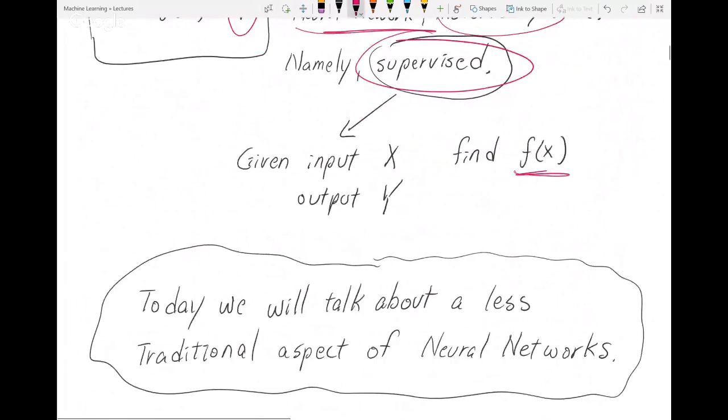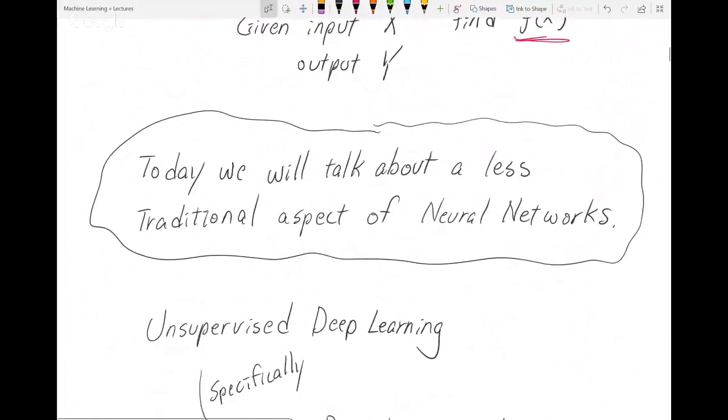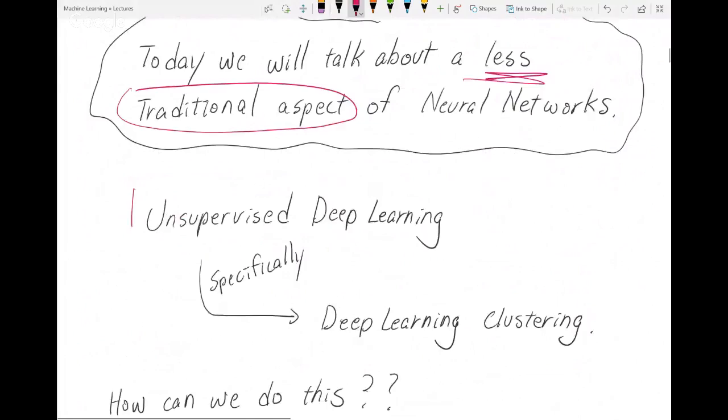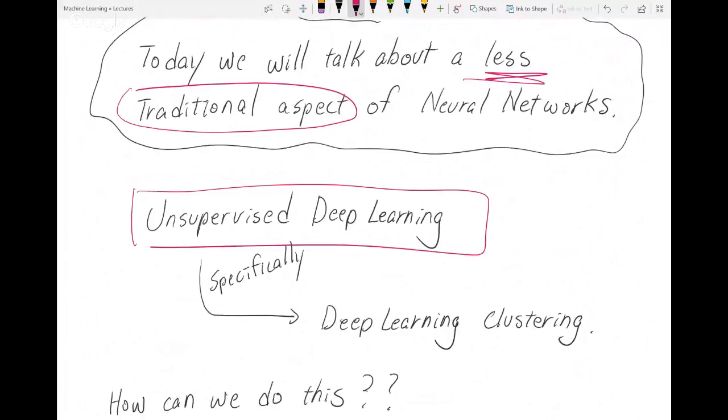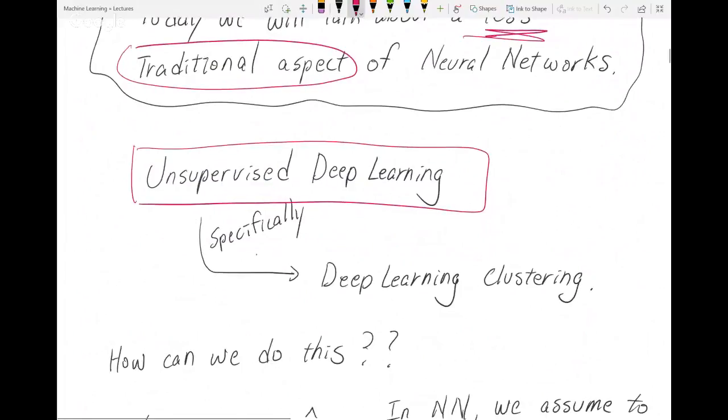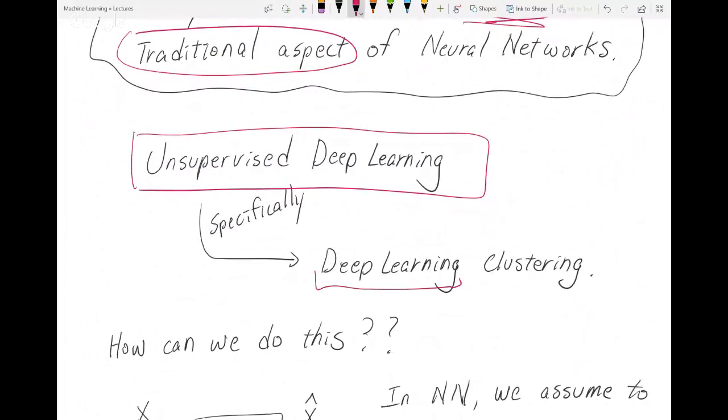So today we want to talk about a less traditional aspect of neural networks, something that's more unsupervised. Unsupervised with deep learning. Specifically, we want to talk about deep learning and clustering. So how can we do this?